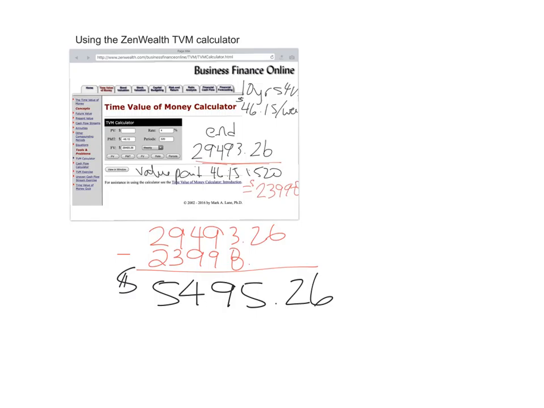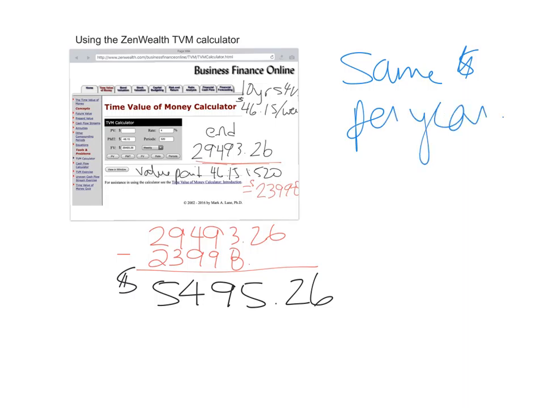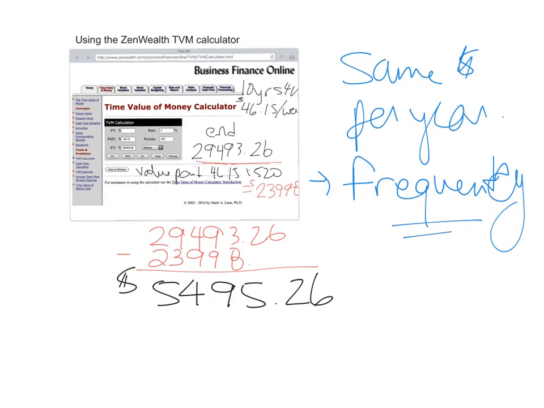So that is when we're investigating the same amount per year, so the same dollars per year, but what happens if you want to change the frequency. So the frequency of how often you're paying and how often you're earning interest is what we're investigating here.